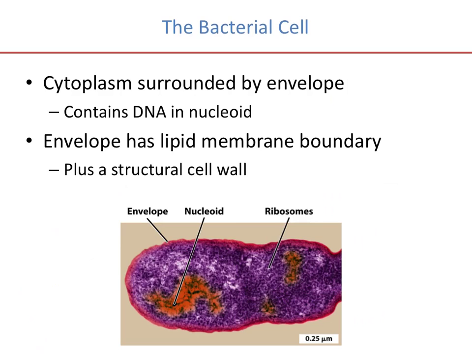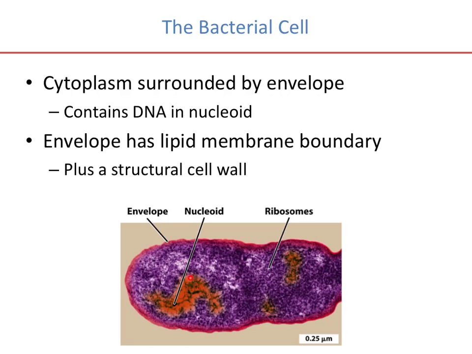So let's talk a little bit about the bacterial cell itself. And here you see a picture of E. coli, and this is just a very basic picture. In a typical bacterial cell, you have the cytoplasm of the cell, that's this purple stuff here, and it's surrounded by a cell envelope. And the cell envelope contains a membrane and a cell wall.